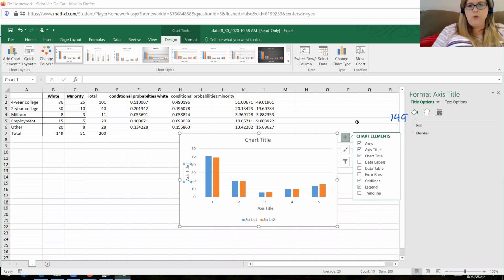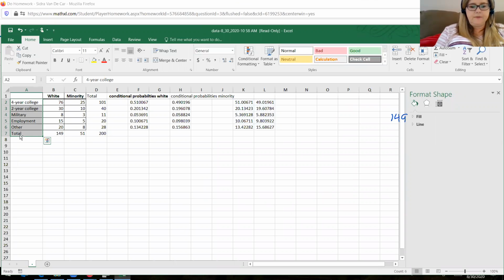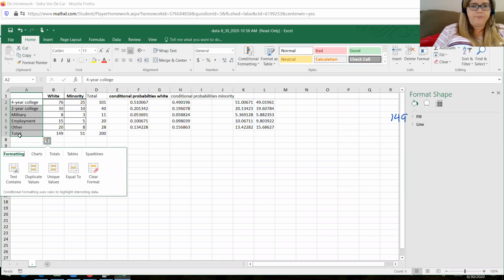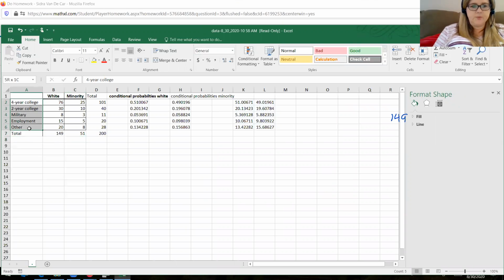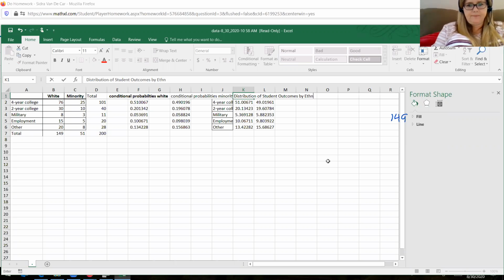So if I want all of that filled in, notice that before I highlight it, I could take these words, put them right here, and put at the top here something like distribution of student outcomes by ethnicity. Something like that would be an appropriate title, something along those lines.